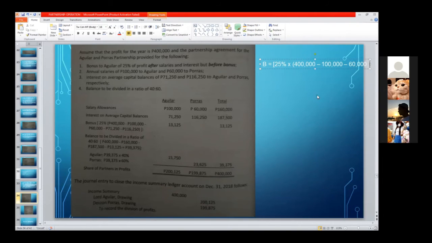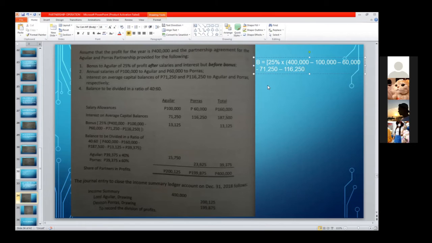Okay. Next naman, yung interest. Babawas ba yan o hindi? Opo, babawas din. Kaya minus 71,250 and then, minus 116,250 po kay Aguilar.